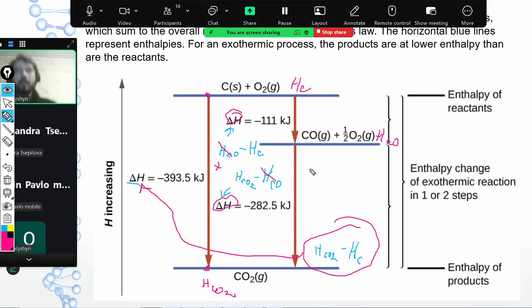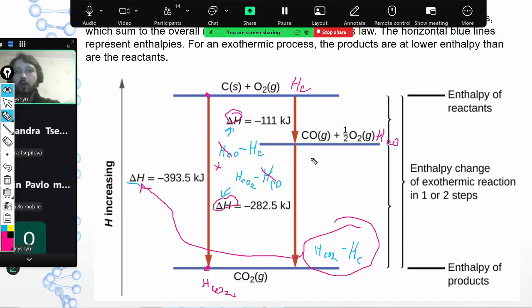And the property that I can add them and get the final result is basically based on the fact that enthalpy is a state variable. So everything in thermodynamics starts with the fact that this is a state variable, and then we get to these things.